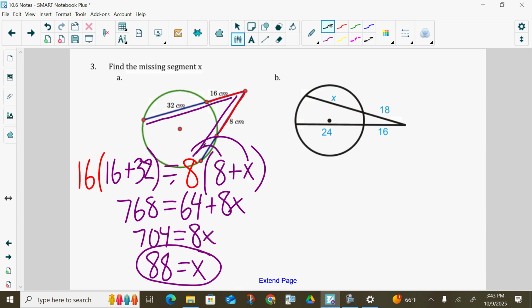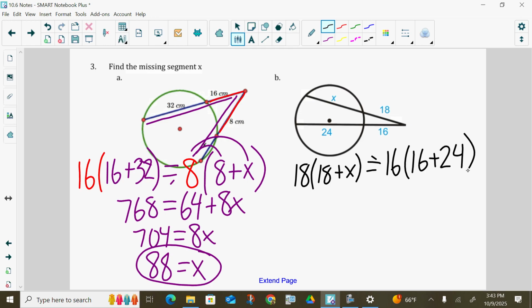So for our top secant, the outside is 18. Multiply that by the whole thing, which would be 18 plus x. And our bottom secant, the outside is 16. And our whole secant together is 16 plus 24. Now, on the left side, I'm going to need to distribute.